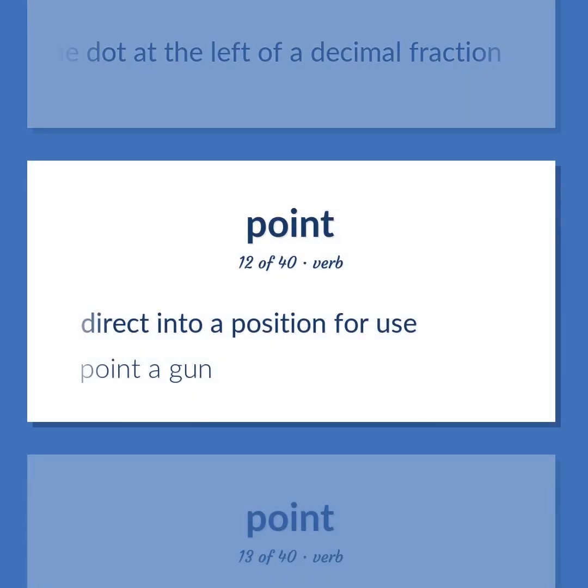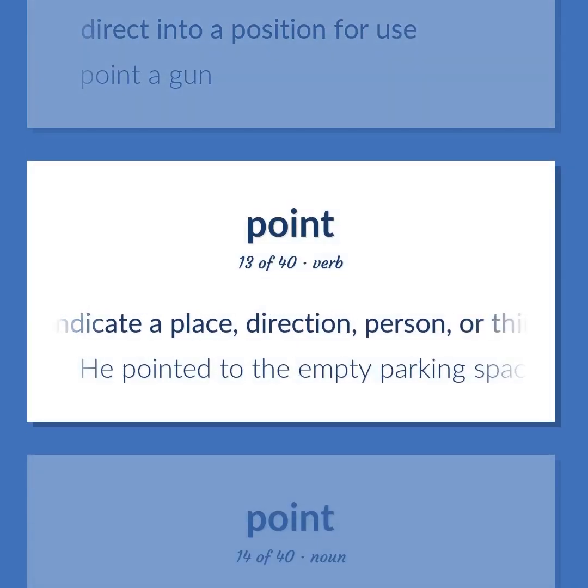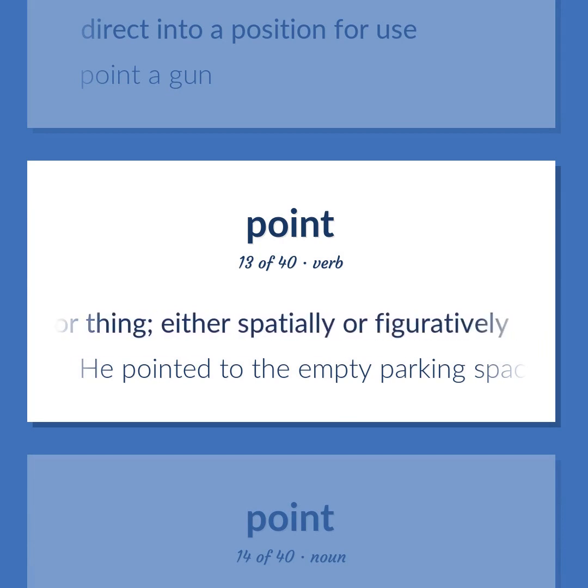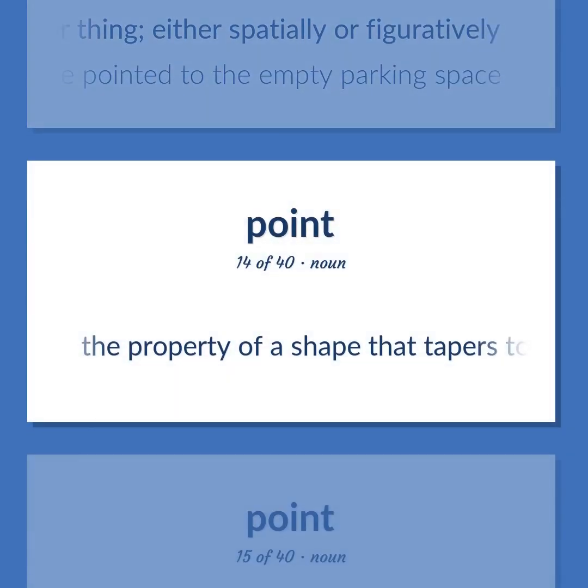Direct into a position for use. Point a gun. Indicate a place, direction, person, or thing, either spatially or figuratively. He pointed to the empty parking space. The property of a shape that tapers to a sharp tip.